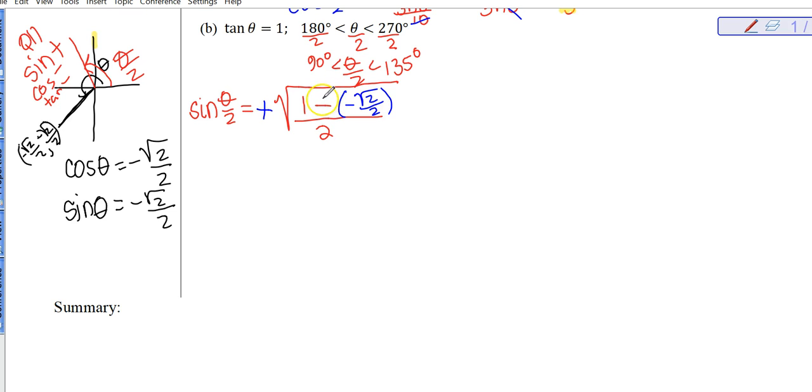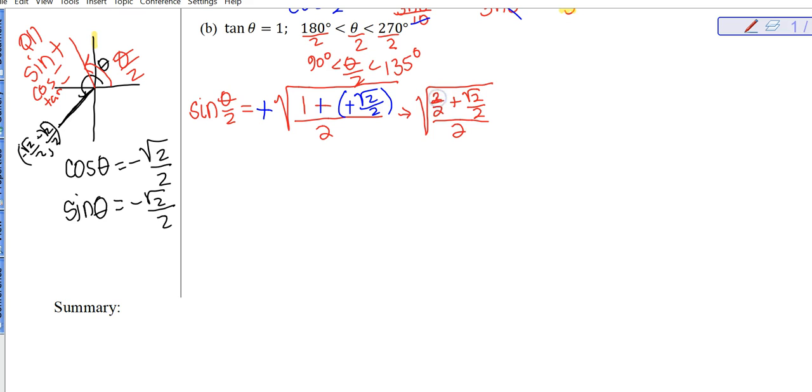So first I think I'll just go ahead and address my double negative. And then I will work forward. So this is a square root of 2 over 2 plus the square root of 2 over 2 all over 2.